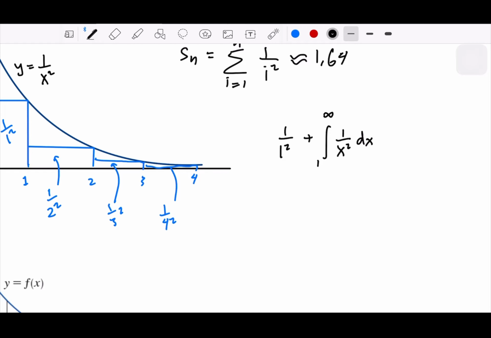Or we can write that the series itself will be less than 2. It's less than 2 because it has this empty space. So that's the conclusion for what we have done here.